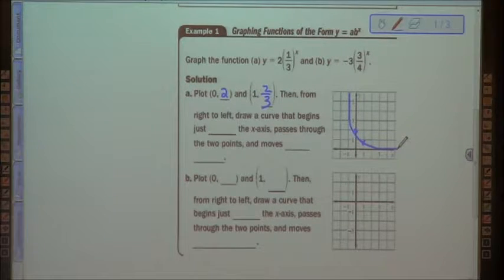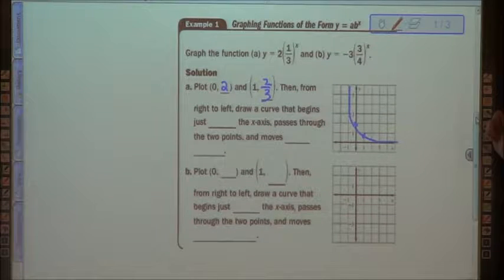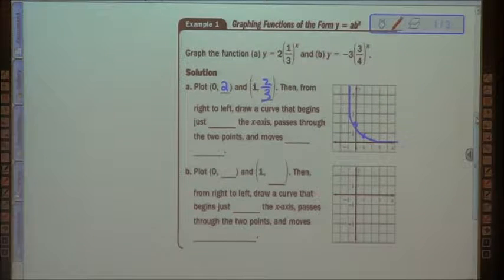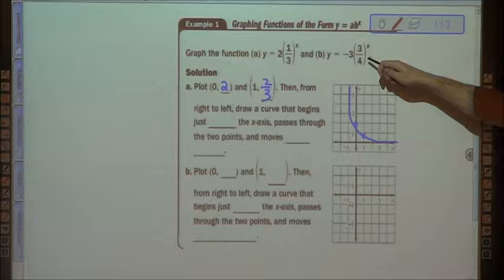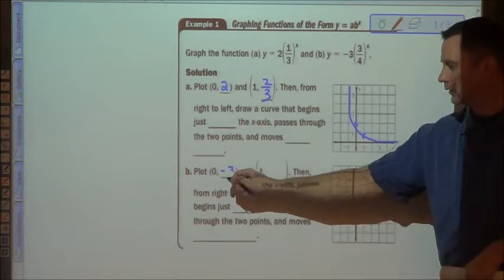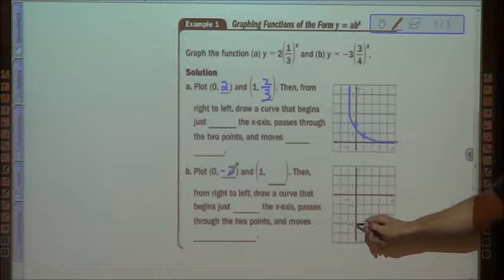Okay. The second one is y equals -3 times 3/4 to the x power. If x is 0, 3/4 to the 0th power is 1. 1 times -3 is -3. So we've got 0, -3.